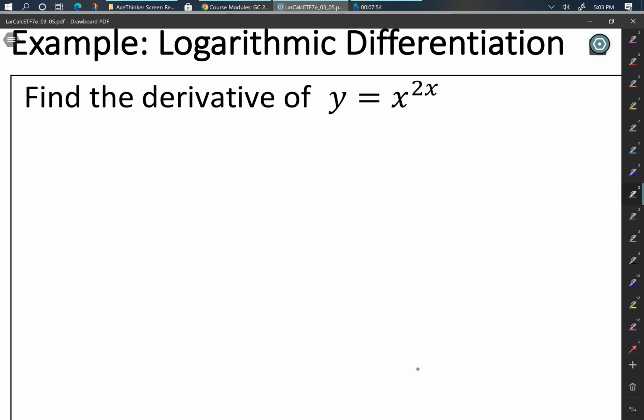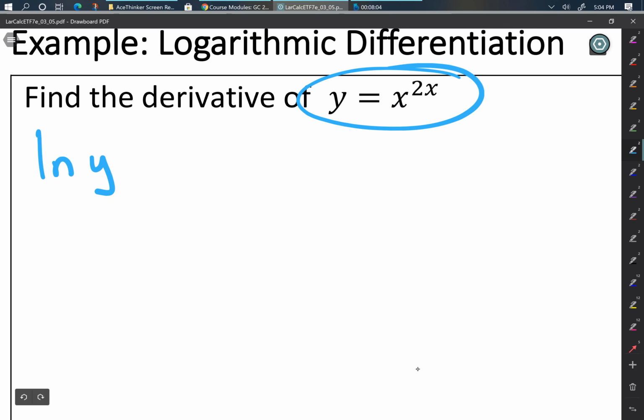So what I'm going to have to do is use a technique called logarithmic differentiation. So I'm going to take the log of both sides. Now, I'm going to use natural log. And the reason I'm using natural log is because when it comes to taking derivatives, I prefer to take the derivative of the natural log over any other base of logarithm because it's easier.